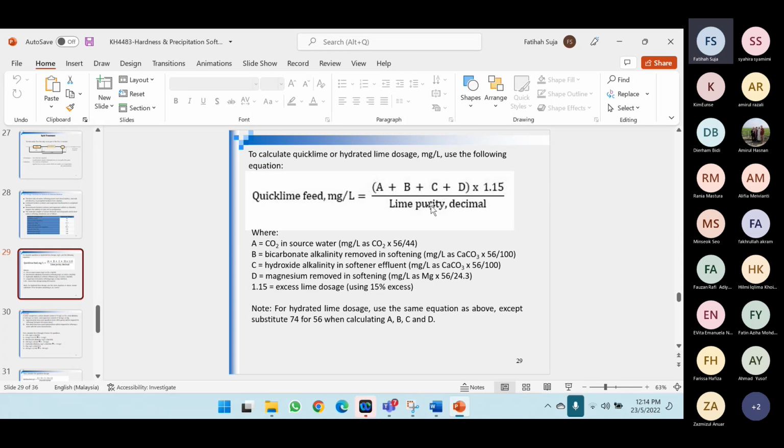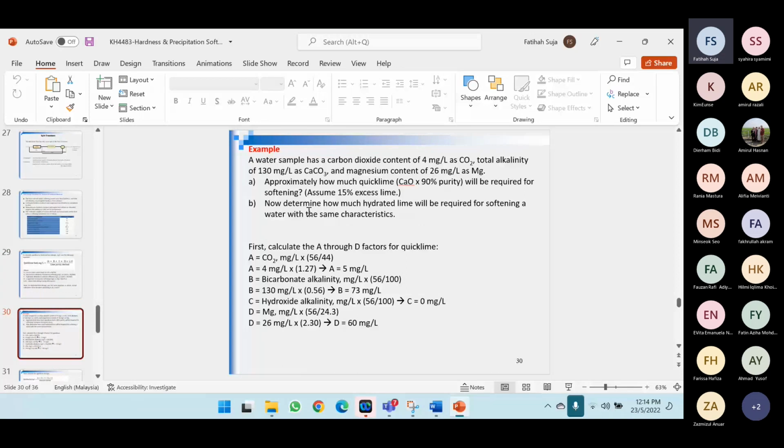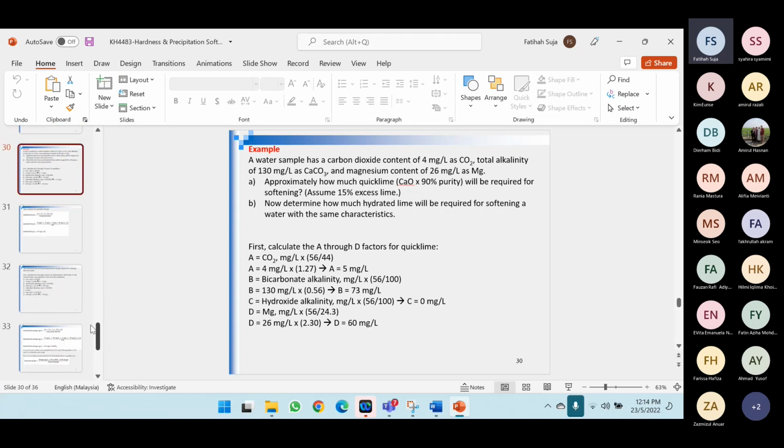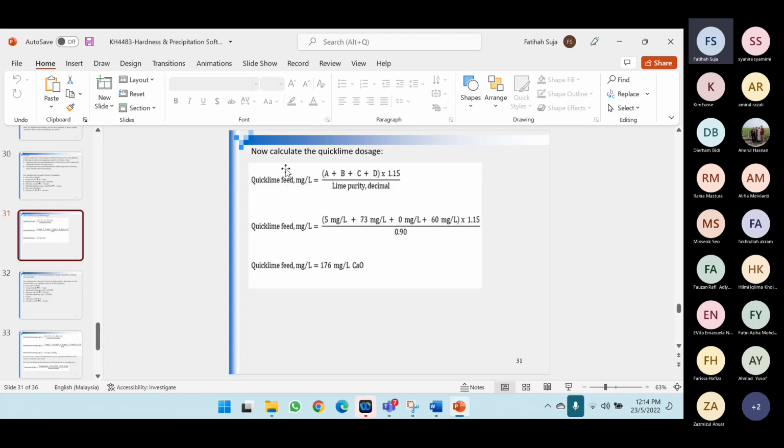So this is the formula here. Okay, and now determine how much hydrated lime will be required for softening a water with the same characteristic. First, it is easy, you just use the formula here. Okay, you follow the formula for the calculation, and then what you get here, you calculate the quicklime dosage.